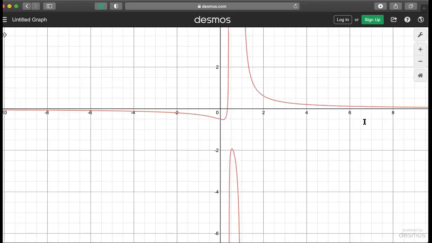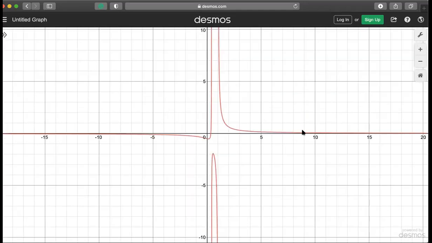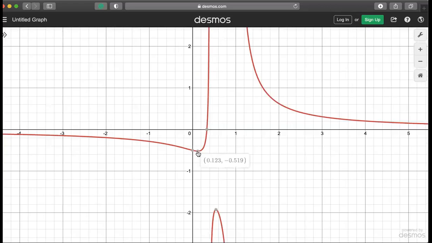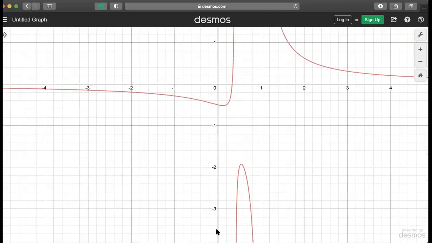And then if we look at this graph up here, you can see that right here at this minimum, which I think I can click on as well, this is going to be the lowest point of this part of our graph, which is 0.123. But anything above that, we have a point here, something here, something here. No matter where we click, we're going to have a y value. So it looks like our range is negative infinity to this value, -1.925.